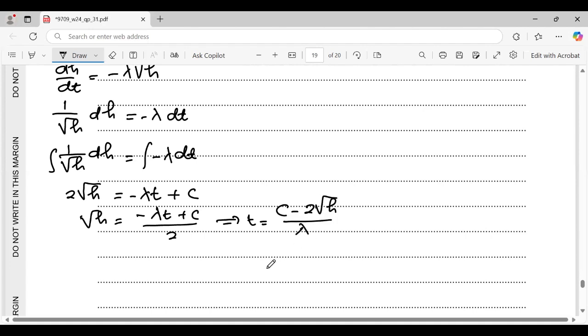Based on the information that at t equals 0, h equals 4, square root h equals 2 because h equals 4.